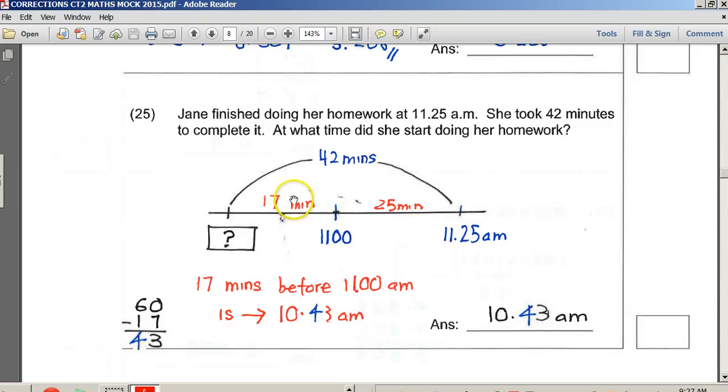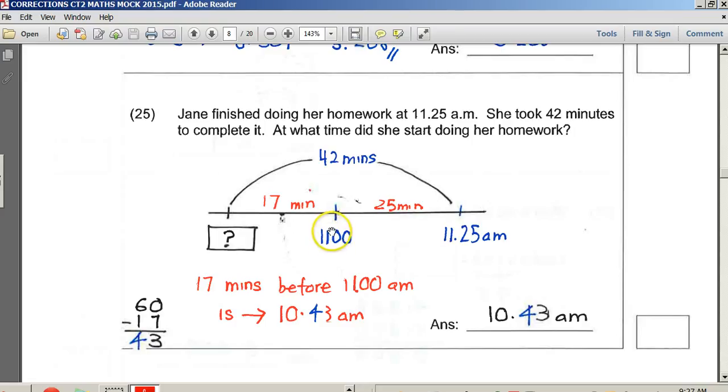Right, okay, so how do you work this thing out? Get 11 o'clock, count backwards, take away 17 minutes. It means 17 minutes before 11. Now there are a few ways. You may use a finger to count backward, or remember, you can get 60 minutes, takes away 17 minutes.